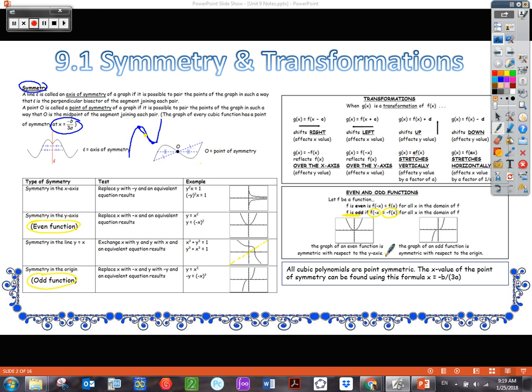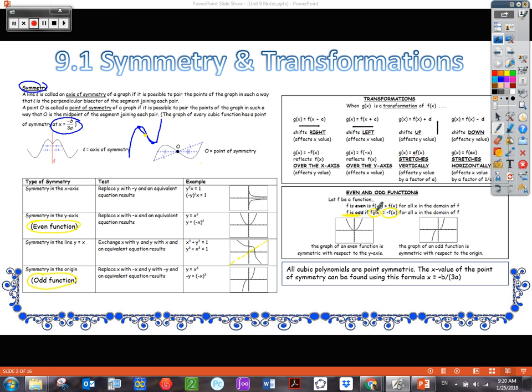This first one I think is confusing but will work with everything: replace x with negative x, y with negative y, and then simplify. This one I think is easier and more straightforward, and it works with most things. Okay? So since we're talking about even and odd properties, let's just continue on with that concept.